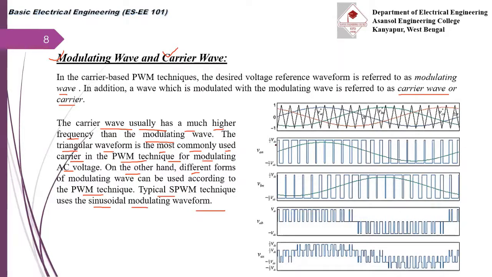The maximum value of that square waveform is VDC, from half VDC to minus half VDC. Similarly, this is for A phase, for B phase. And this is the sinusoidal waveform.